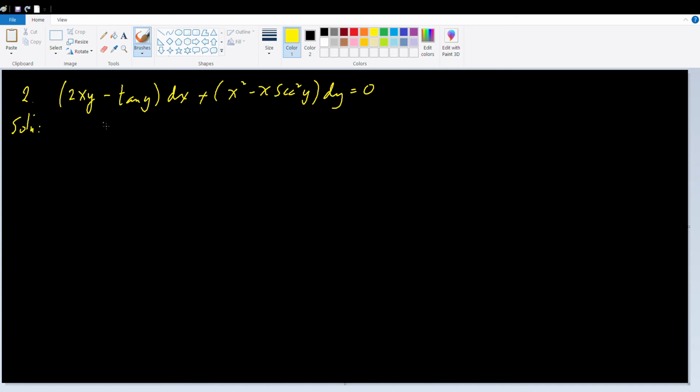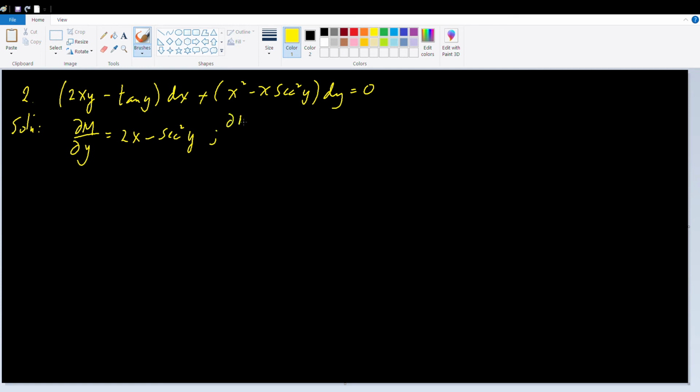So we begin by determining whether the equation is exact by taking the partial of M with respect to y, and later on the partial of N with respect to x. For 2xy, the partial derivative with respect to y is 2x, and of negative tangent y, that will be negative secant squared y.